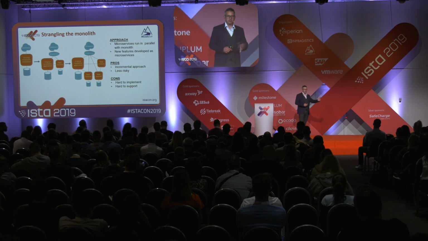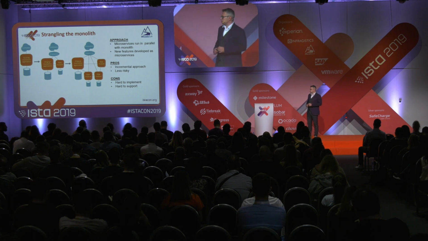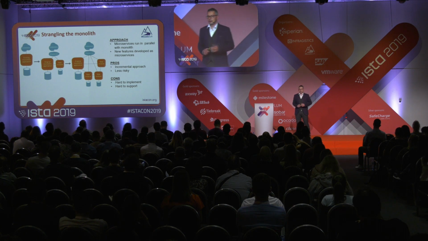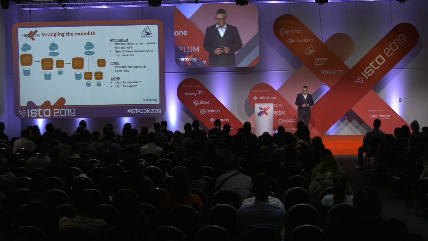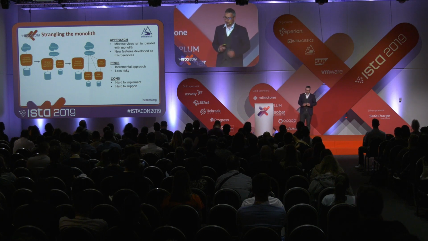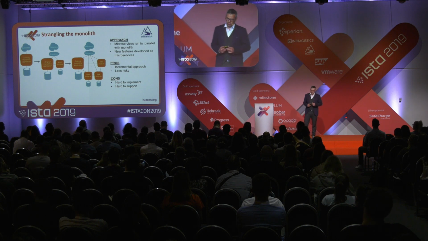So instead of waiting for a number of years to create all those microservices, we were able from the start to actually introduce new features in the already developed microservices. But unfortunately, this is the hardest approach to do, and we ended up with a lot of effort that we had to put in to support it.